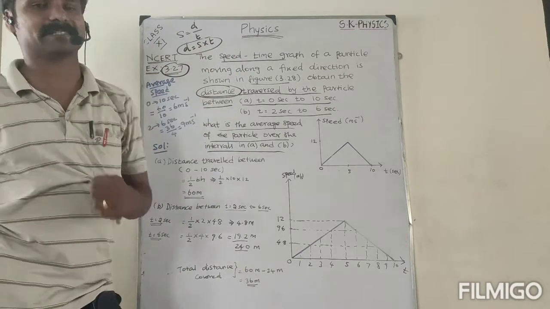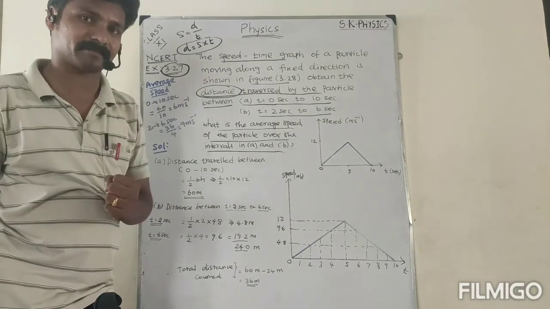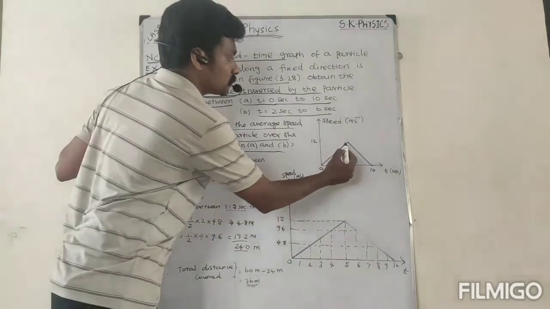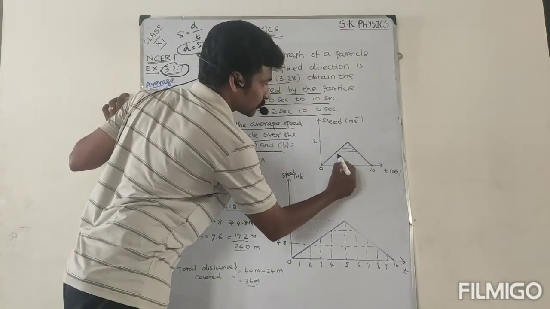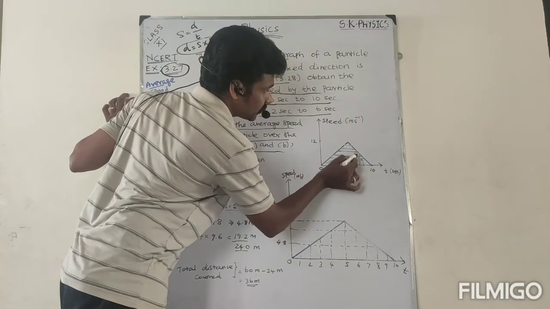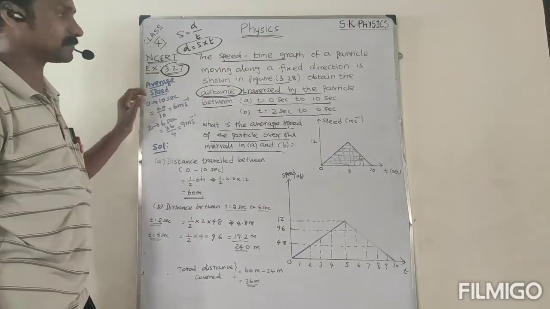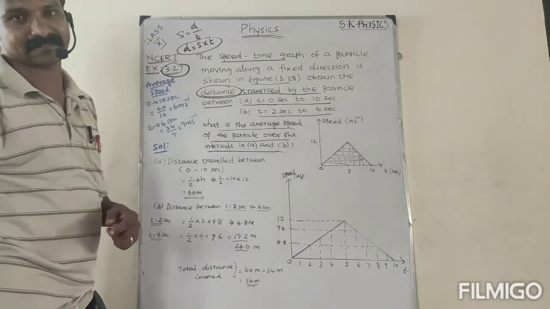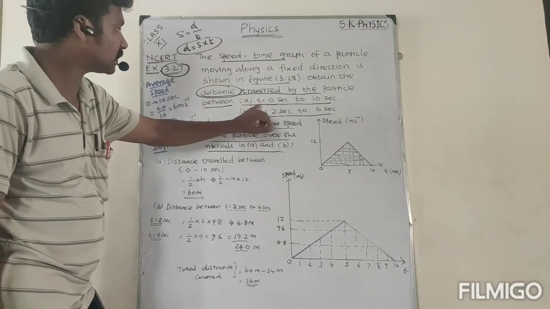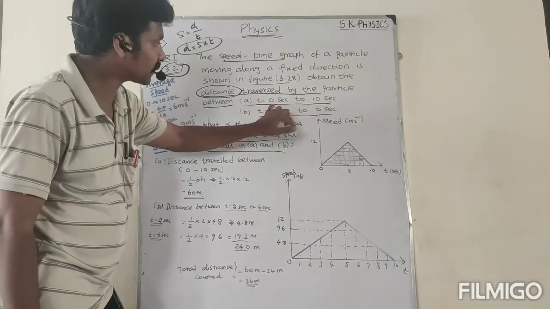So here it is multiplication. In the graph, multiplication means what? That means the area of the graph. So you should find the area of the graph. The area of the graph gives the distance.